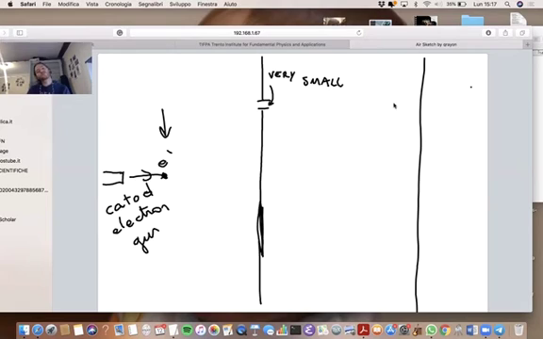we close one of the doors, one of the holes. And then on the screen, we record the arrival of the electrons with what is called a detector. What is a detector?